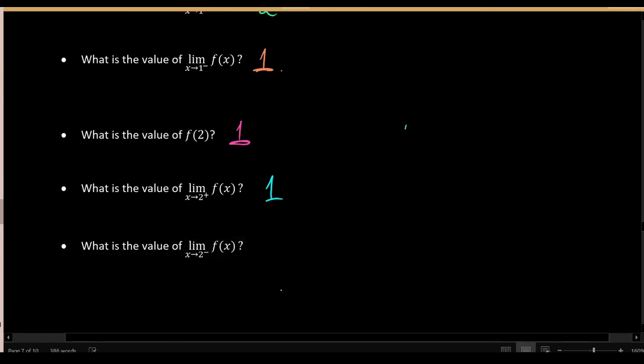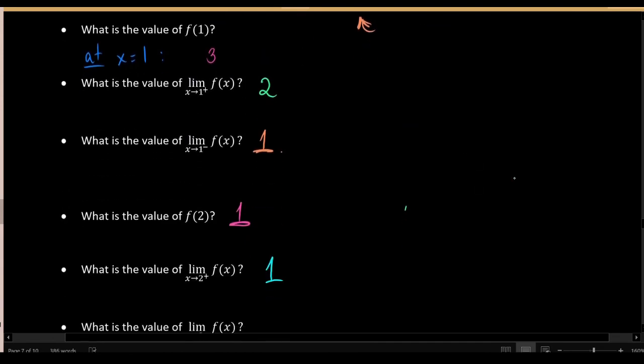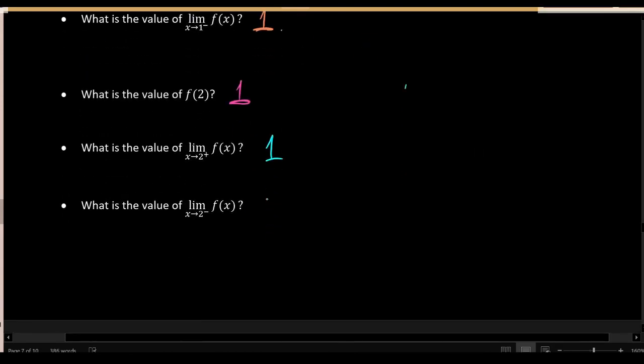But if I approach 2 from the left-hand side, indicated by this minus sign, I need to follow these orange chevrons. These orange chevrons are pointing to the location where the y value is 2 units. The limit from the left is 2 units.